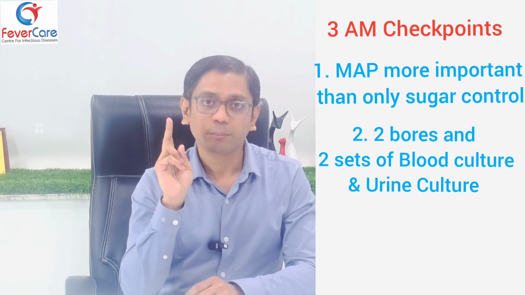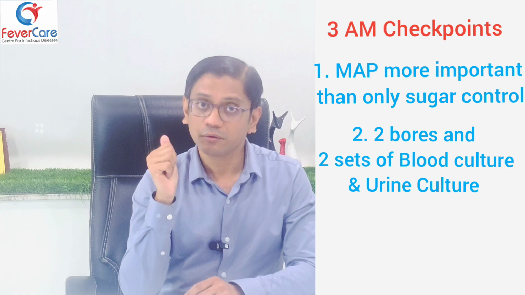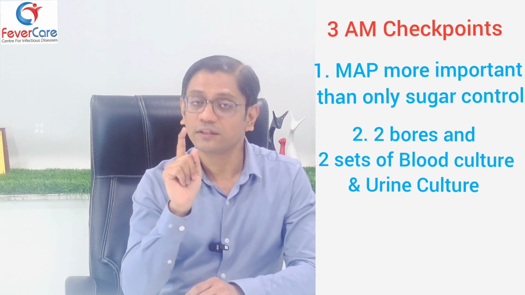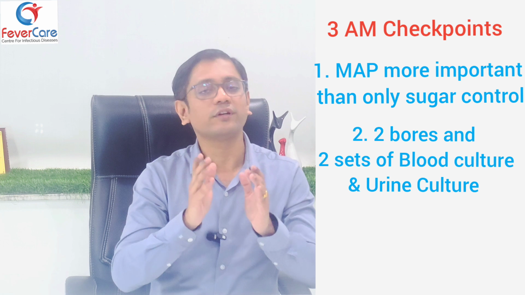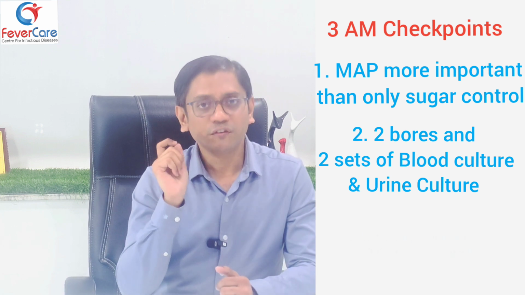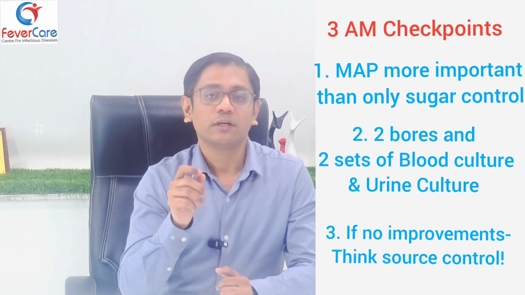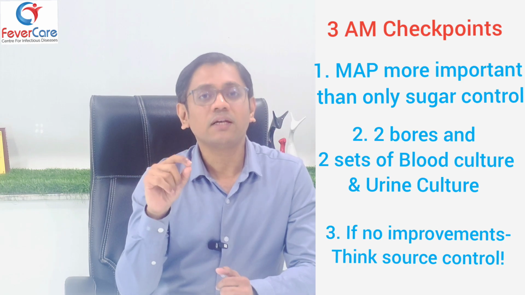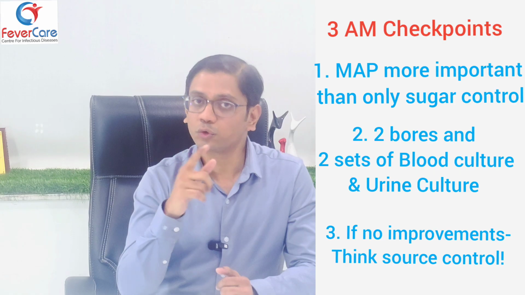Two sets of paired blood cultures for improving the yield of the causative organism, along with the second culture, that is urine culture, because urinary tract infection is another common focus in diabetes. Third, if a sepsis patient is not improving in spite of fairly well covered broad spectrum antibiotic, barely escalating antibiotic is not the solution.